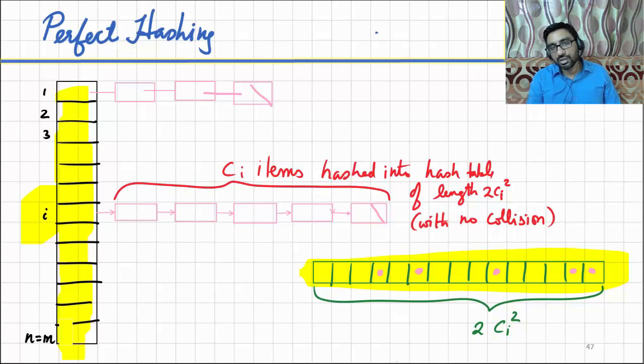We only need to store the hash function that we use to hash the items in the chain into another table, right? So we take that hash function and again hash the same item, and that will give us a location inside this second table, and that could be either empty or contain the item that we are looking for. So the query time, it's clear, is O of 1.